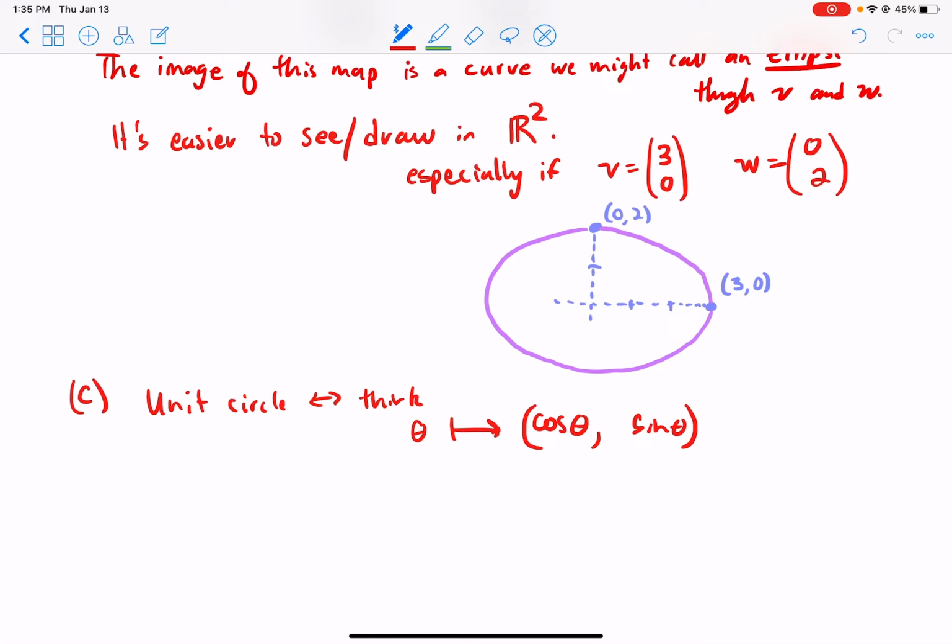This is the unit circle because every single point here has length 1 from the origin, because cos squared plus sine squared is 1, and the square root of 1 is 1.